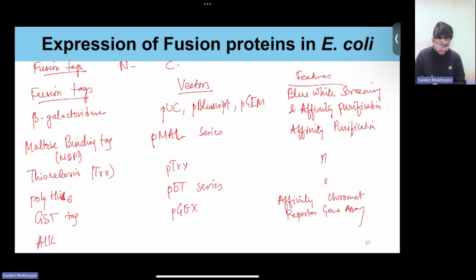Alkaline phosphatase, that is pTA1529, can be used for reporter gene assay.